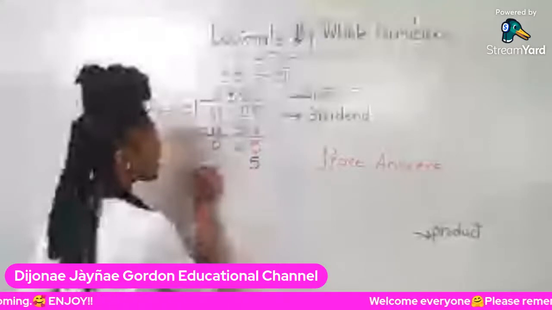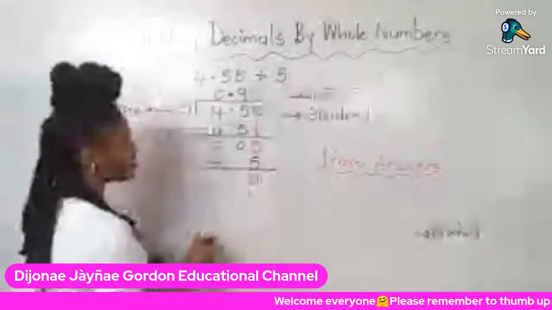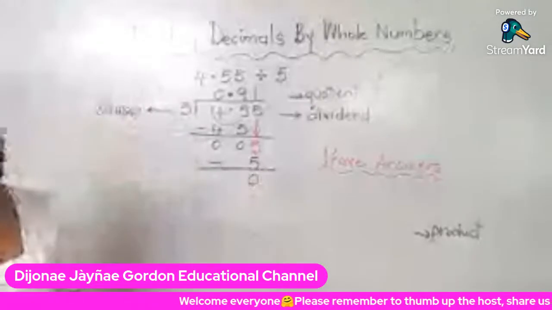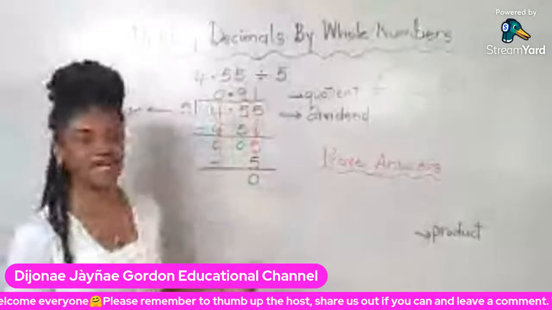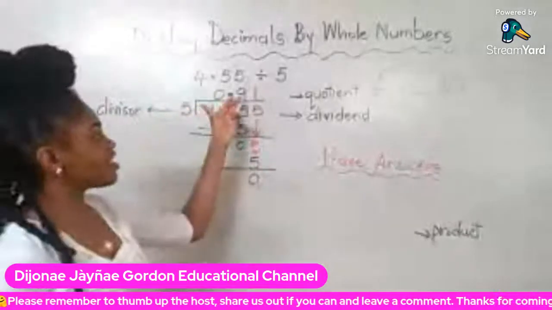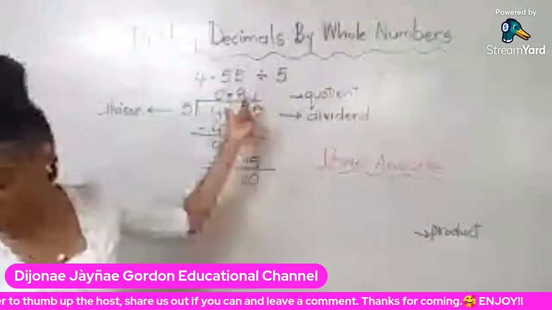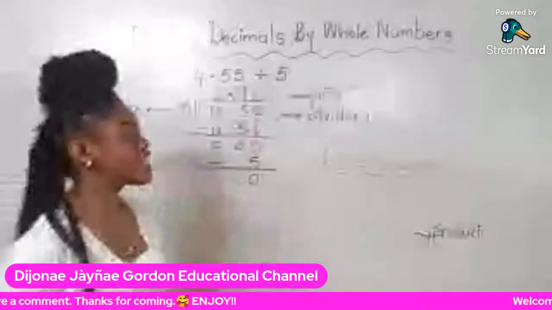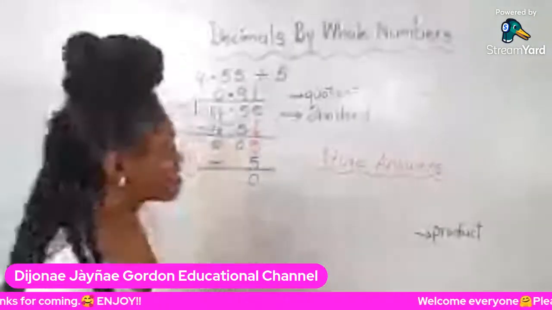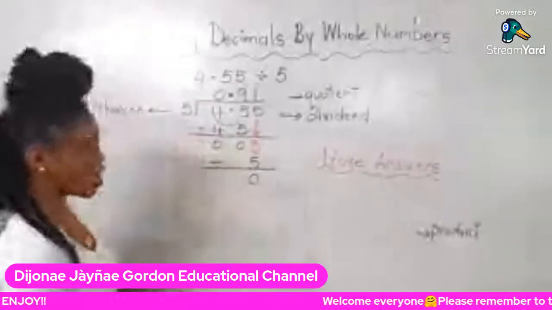That means you give out 5 from 5 and have 0 left. So right here, this problem is complete. Your answer, same thing as your quotient, is 0.91.